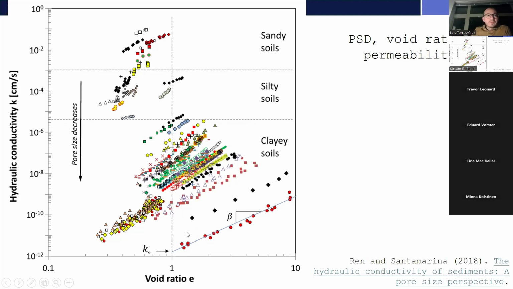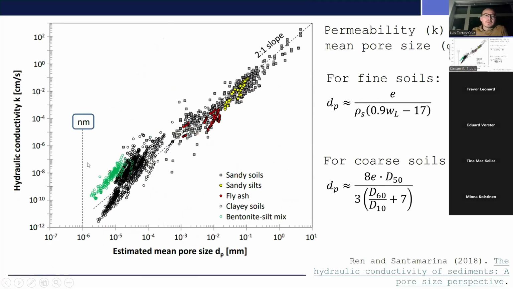So if we really want to have a unique correlation for different types of soils, a unique correlation which does not emerge in this slide, we would have to correlate hydraulic conductivity to the mean pore size as shown in this figure.